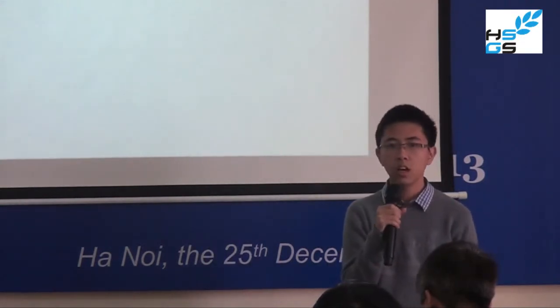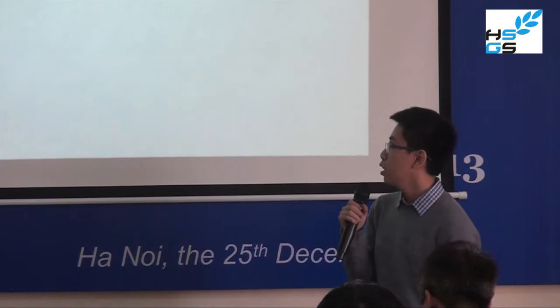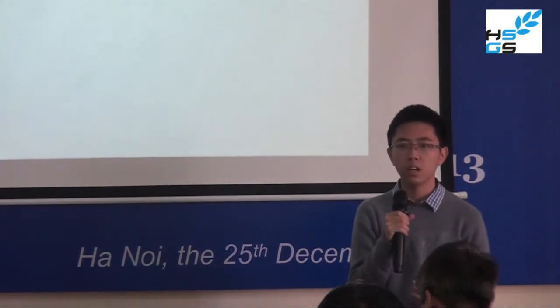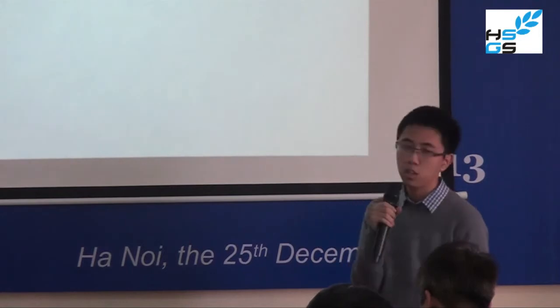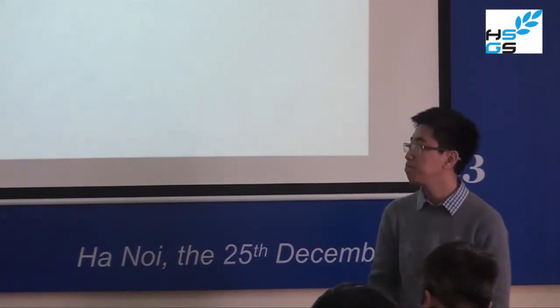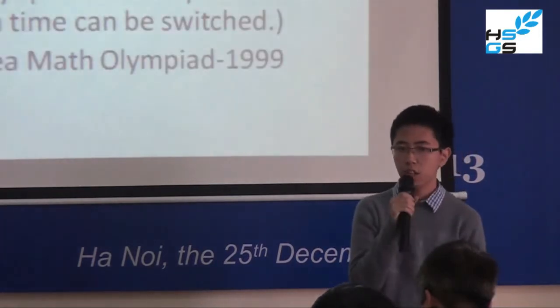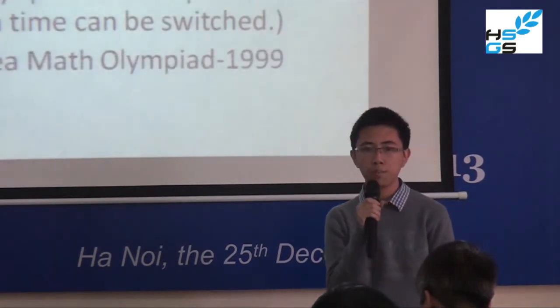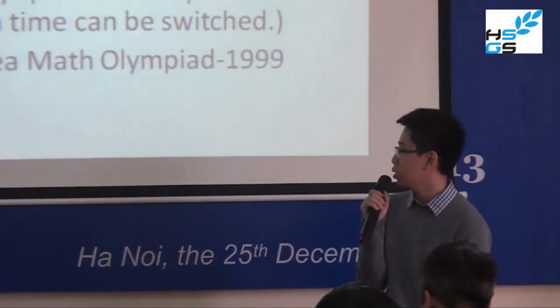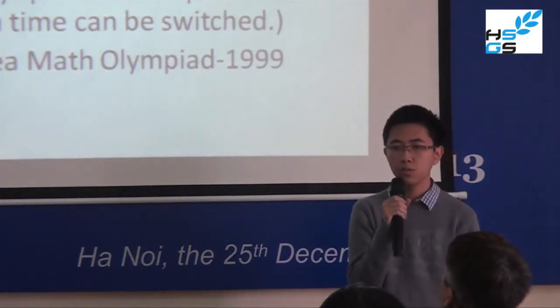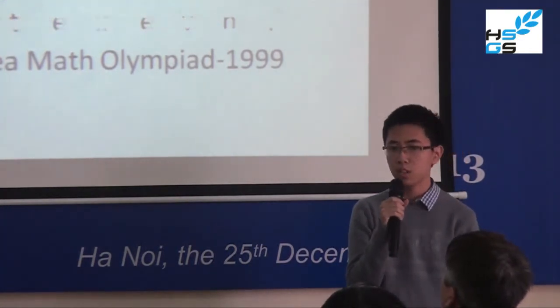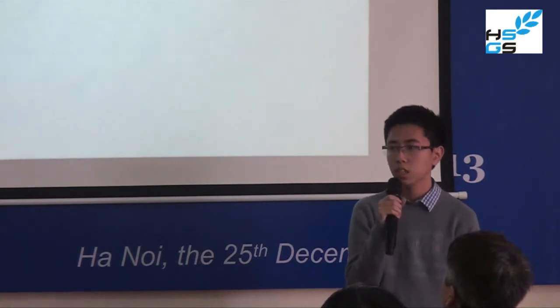We write a natural number on the board, so we will find the sum is 3k, so we cannot paint on the board this way. And this is a sample from the 1999 problem. We have to find the way to open the lock by switching the numbers.